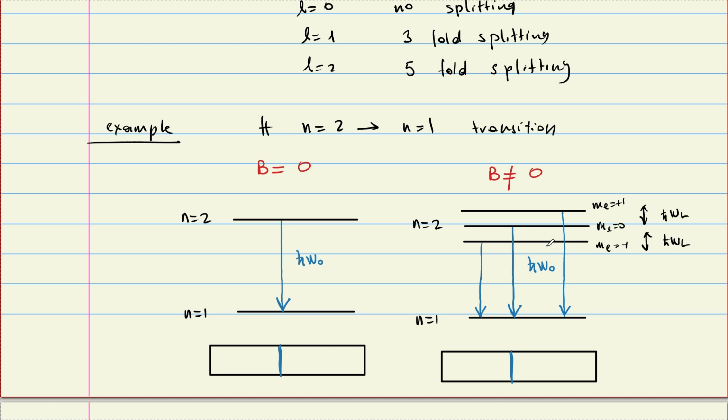Delta L is 1 or minus 1, either way. And ML can be plus 1, 0 or minus 1. And there's also an energy difference. So all selection rules are good. So what I'm going to see is there's this additional, let me call it Balmer line, and it is going to split into 3 lines. And each one has some wavelength associated with this h bar omega L.